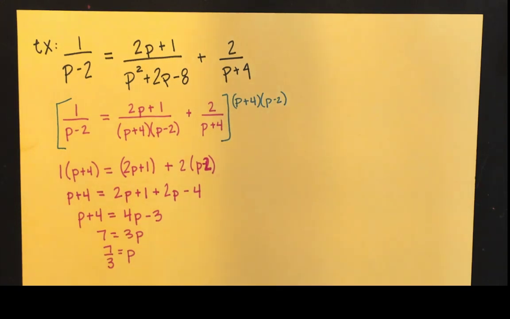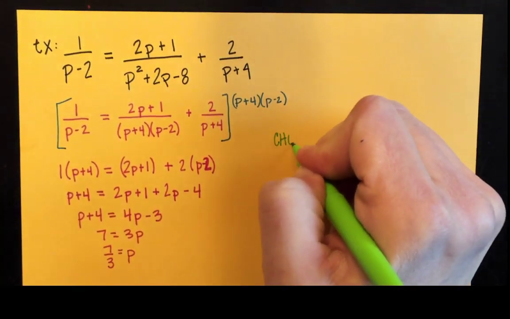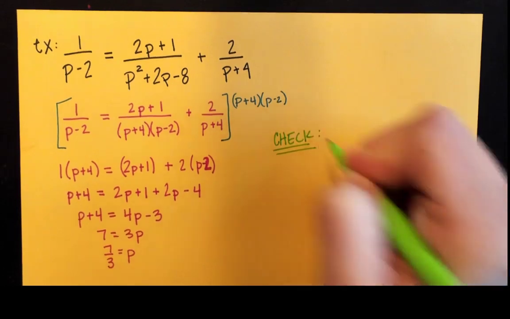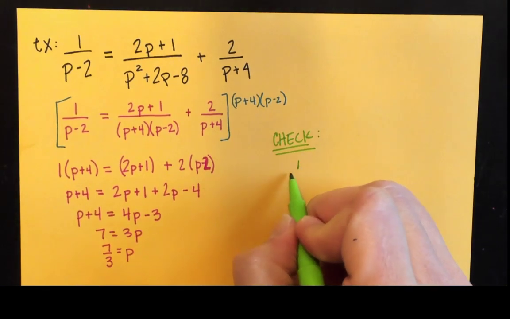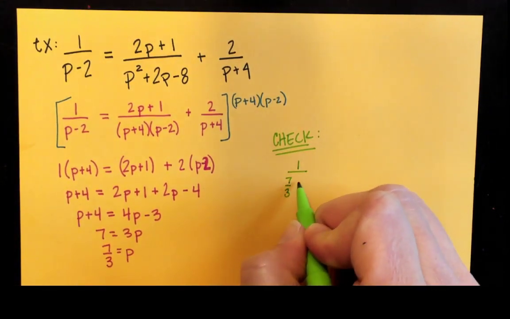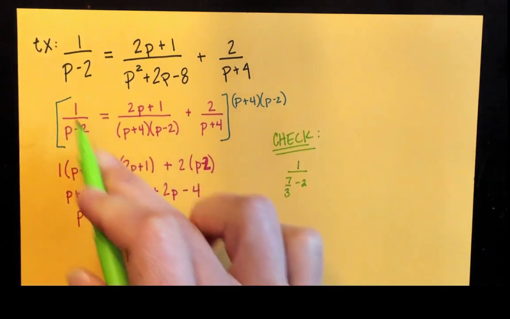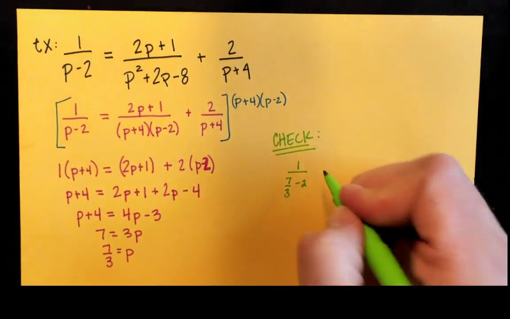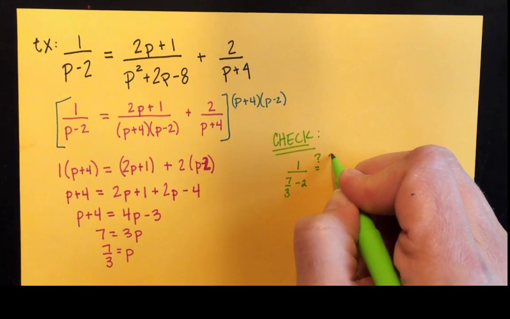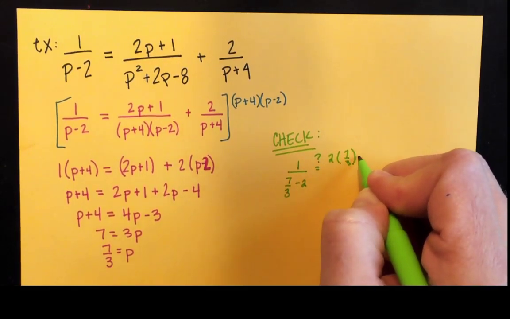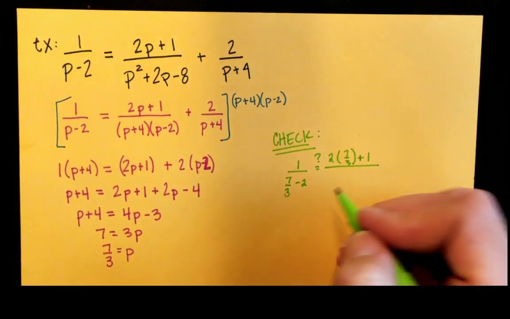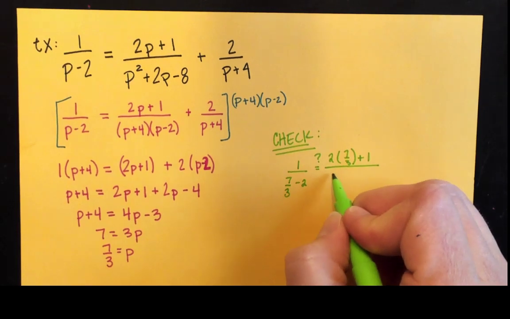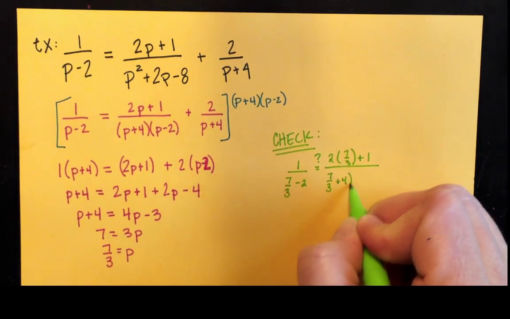Now again, you have to check, and what I did again was I utilized my calculator so that I could use the ABC button and cut to the chase. It doesn't really matter how you choose to do so. I just plugged it into this part where I knew I factored it. I have the 7/3 plus 4 in the denominator.